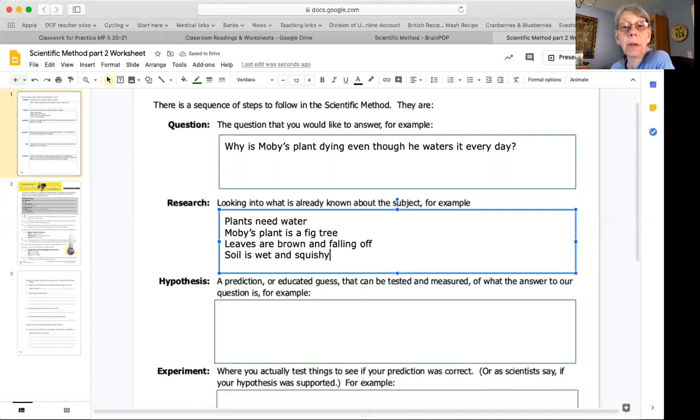All right, is there anything else we know? Well, I know that some plants live in the water, like mangrove trees.